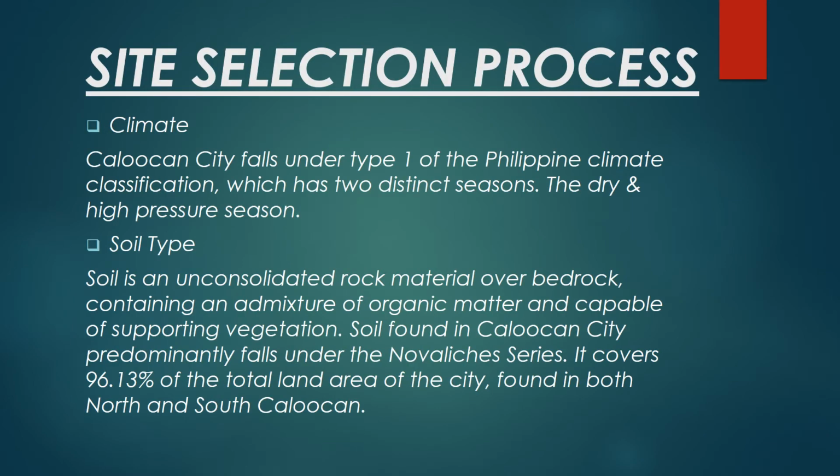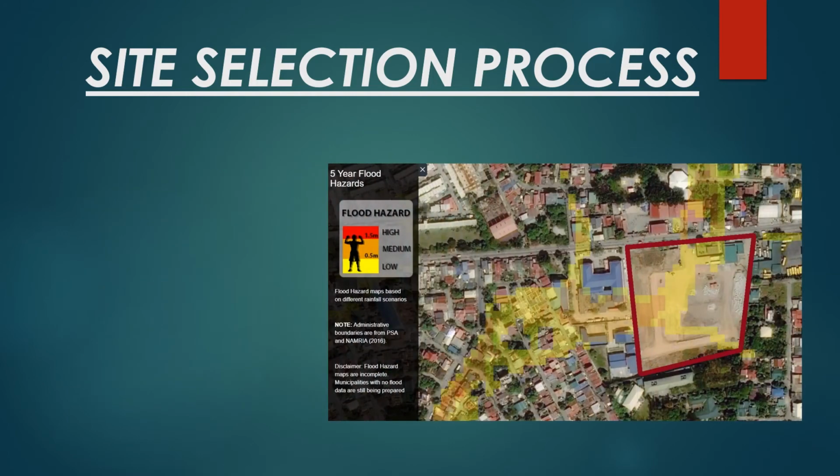Chapter 2 is about the site selection process, which will include the study of climate and soil type. And this is the 5-year flood hazard map. As you can see, the result of the 5-year flood hazard map is low in our project site.